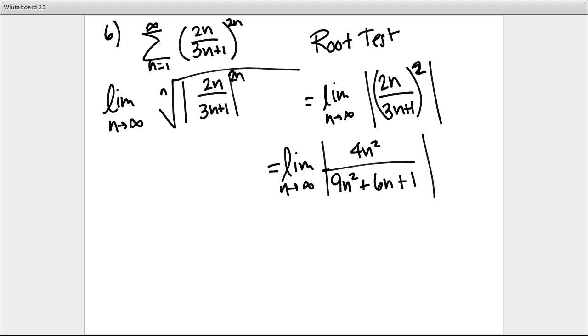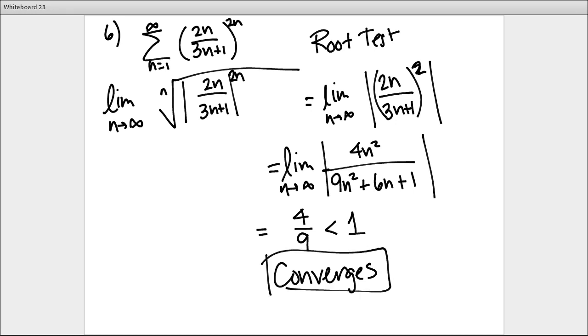This would have been a 9n squared plus 6n plus 1. All right, is that better? So now you've got n squared on top, n squared on the bottom. So what are you left with? A 4 over 9. That is smaller than 1, and so this guy does converge by the root test.